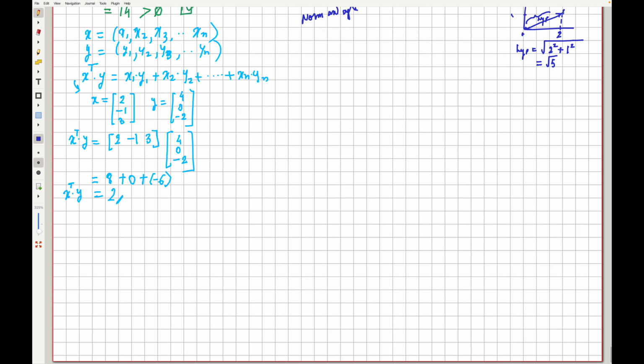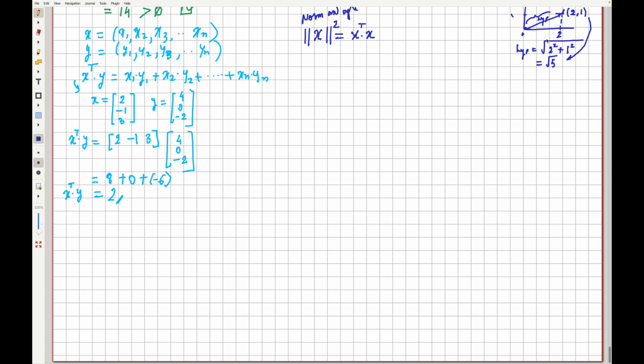And that's the magnitude of this vector, which can be given here by the coordinates of this point, x-axis 2, y-axis 1. So that's the magnitude of this vector x. And here we can look at the notation. We type two parallel lines, then write x, again two parallel lines, and then write 2 here. So that's the squared norm, and this is nothing but x transpose x.